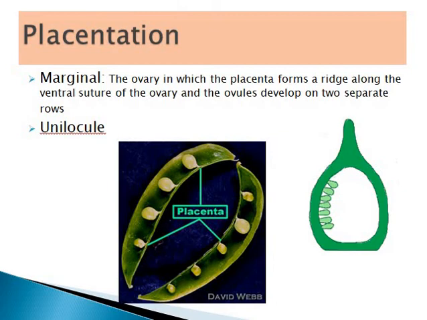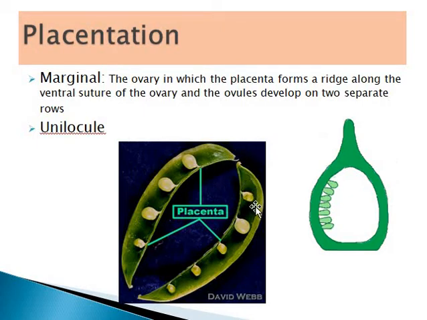And if we look at the placentation of this plant's ovary, marginal placenta is observed. In the ovary, the placenta forms a ridge along the ventral suture, and the ovules develop in two separate rows.